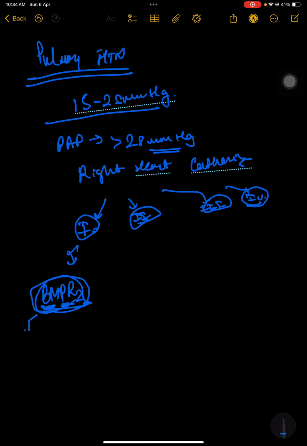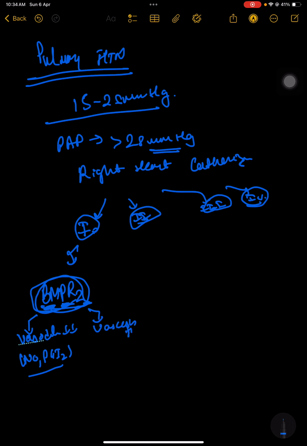So if there is a BMPR2 mutation, then vasodilators like nitric oxide and PGI2 will be decreased, and vasoconstrictor will increase. That is, endothelin will increase, and that will lead to pulmonary vasoconstriction, and pulmonary vascular resistance will actually increase, okay?